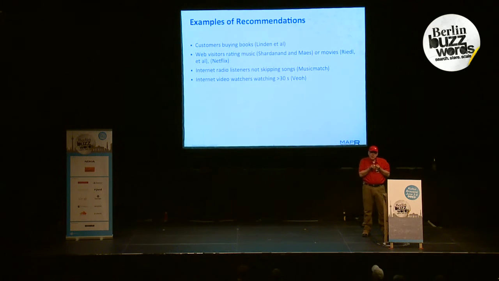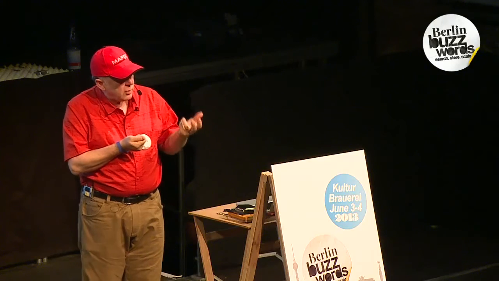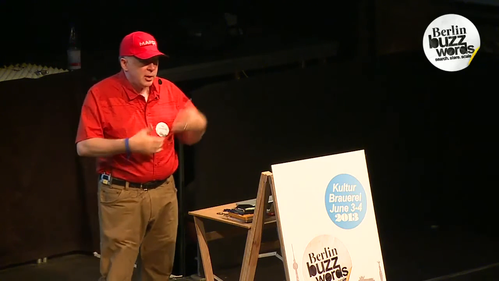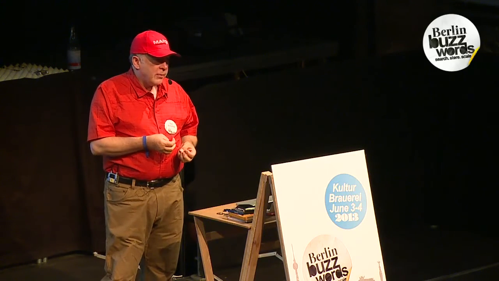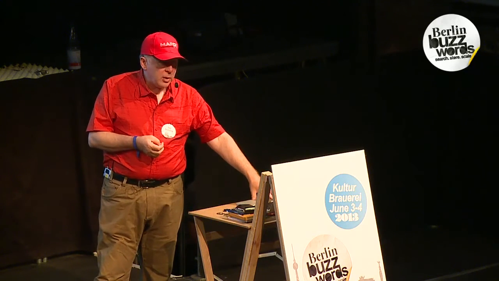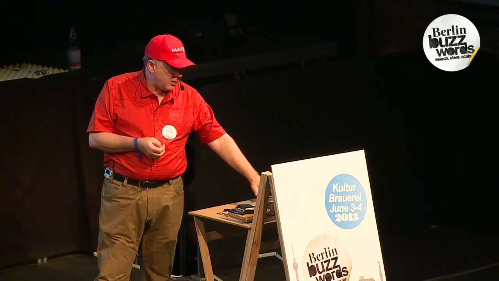But there was the beginning of implicit behavior. Implicit behavior of one kind where people skipped the music or not, which was not necessarily the same as selection activity, but it was an implicit behavioral observation. And we also built a very large video recommender, AdVideo.